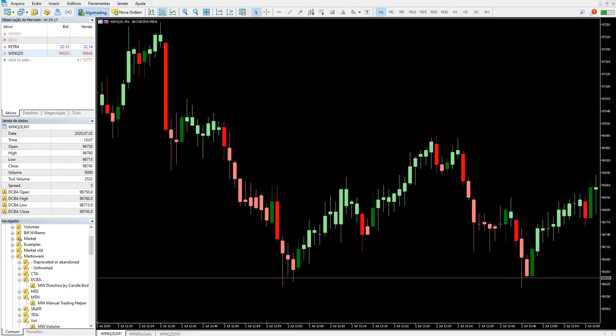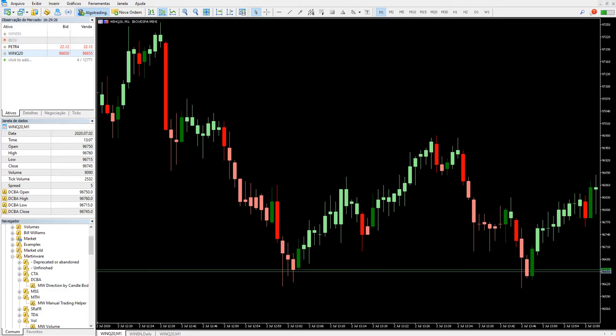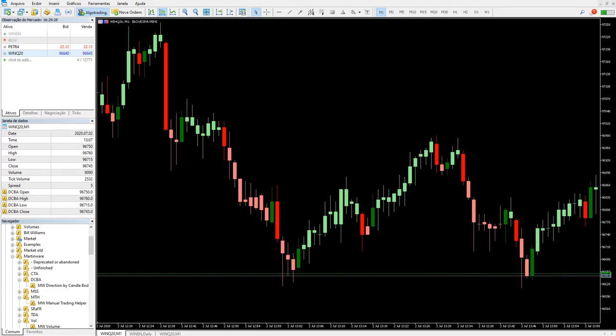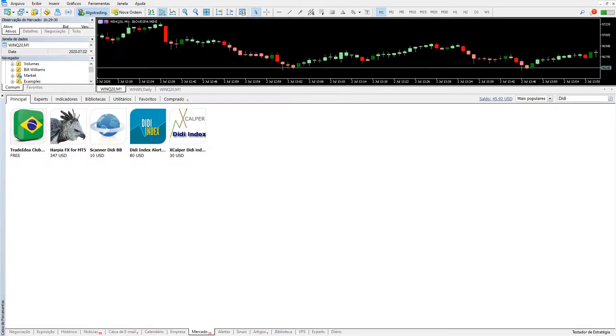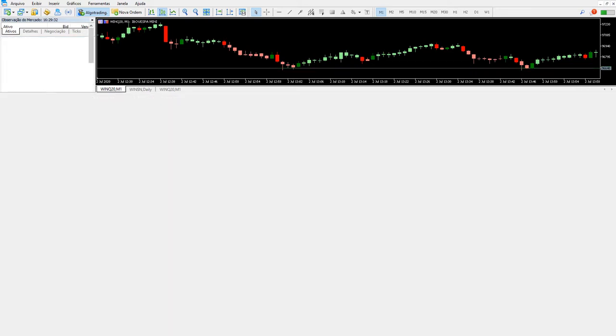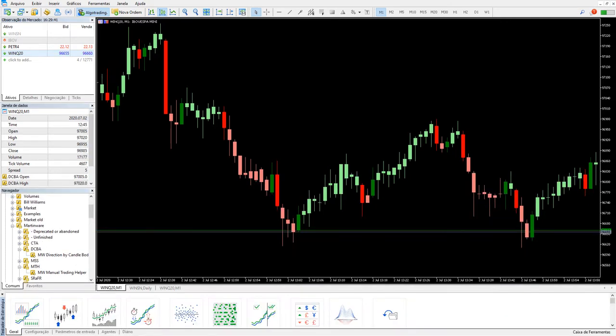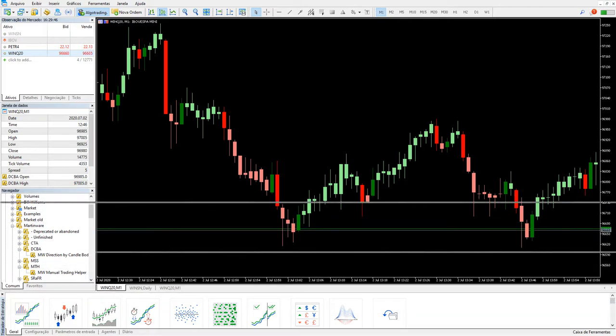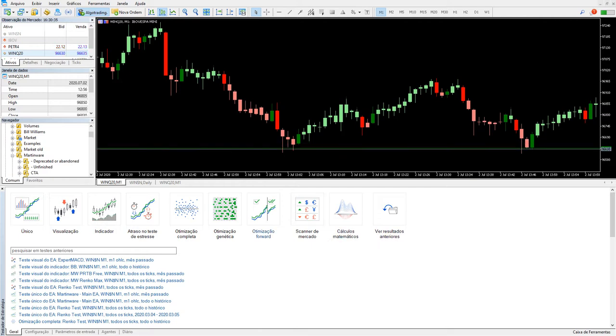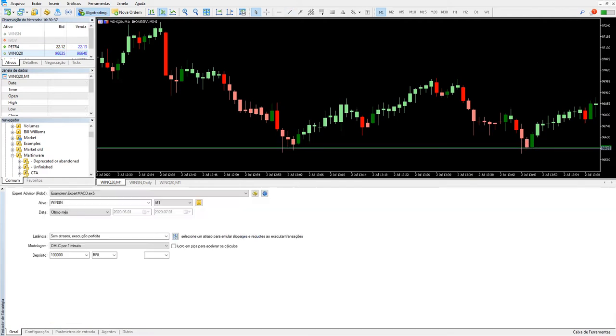When you are developing a robot, an expert advisor, an automated trading system, normally you will decide such values by using optimization, by using the tester that comes with MT5. But that can lead to overfitting problems, and these problems are not very nice.